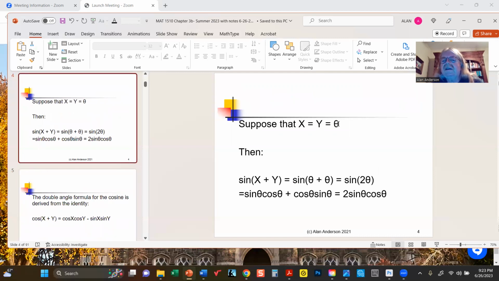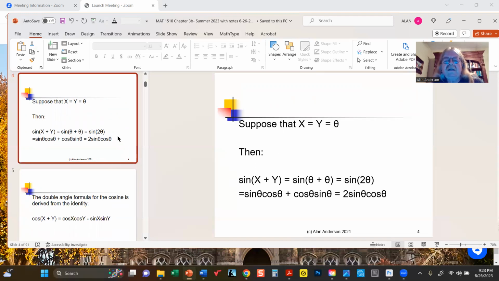We'll call that theta. Theta is usually used to represent angles. So then algebraically, if theta is replacing x and y, what you've actually got here is the sine of 2 theta. And by the way, this is the origin of the name double angles. In other words, it's the sine of 2 theta, so we call that a double angle.